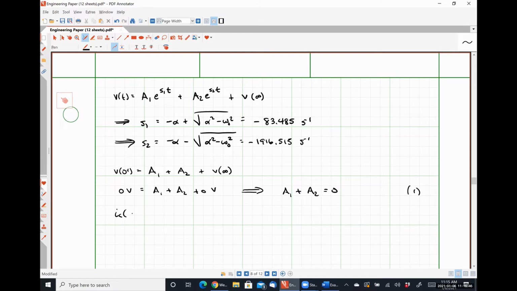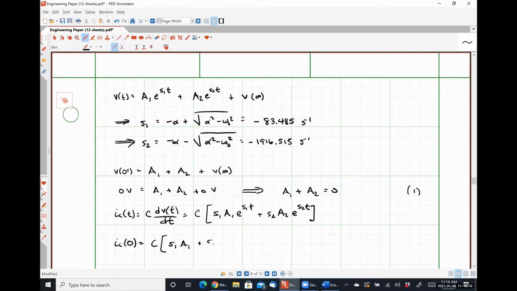So IC of t is C dV by dt, which is C multiplied by S1 A1 e to the S1t plus S2 A2 e to the S2t, which reduces to C multiplied by S1 A1 plus S2 A2.